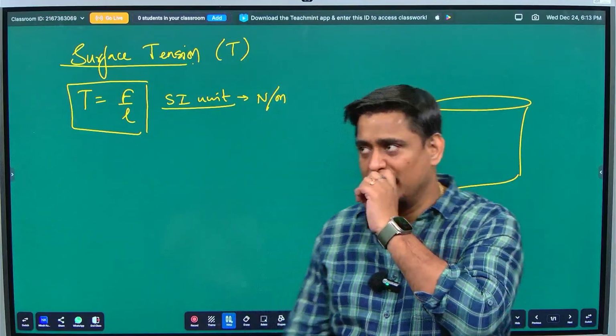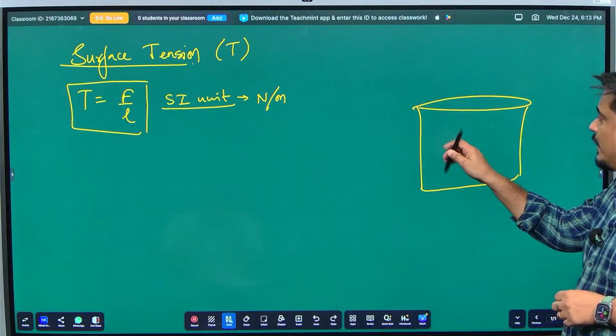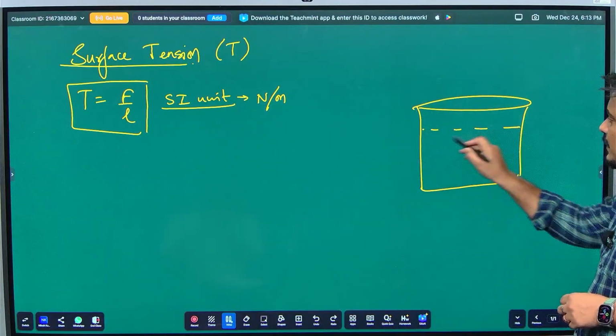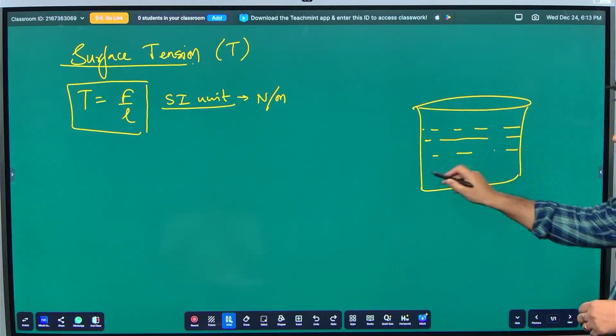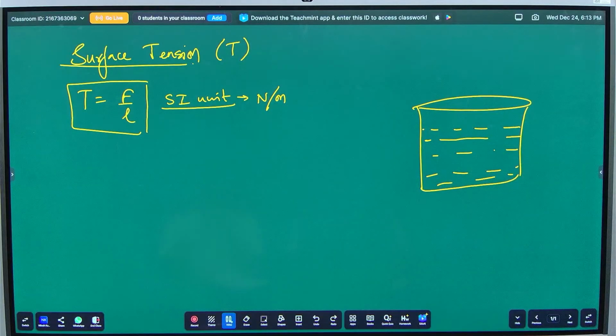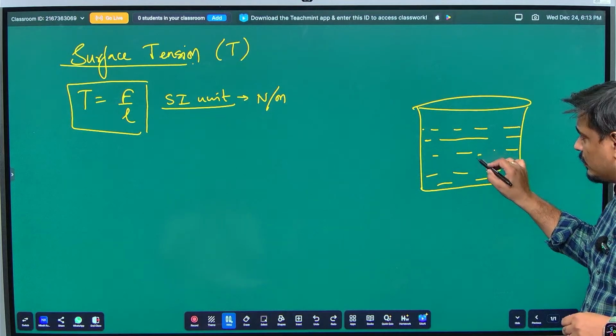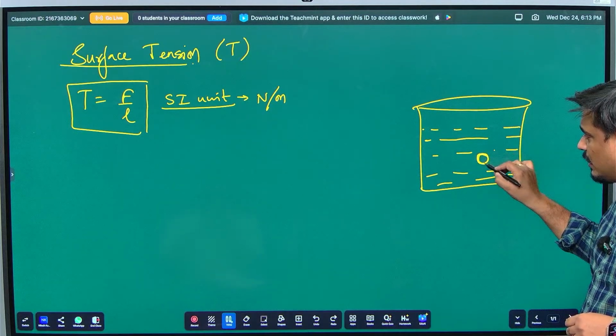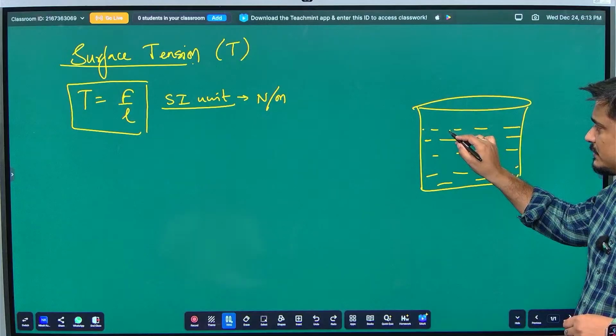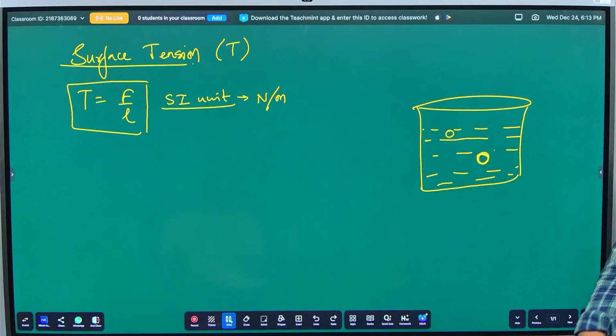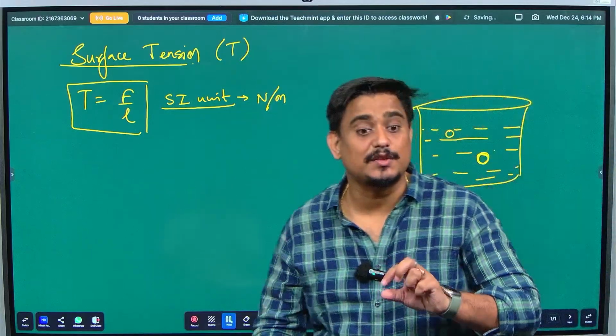Let me assume there is a liquid, water, in this container. I am talking about two different molecules, one molecule here and another molecule here. You should know that any molecule will have a sphere of influence.